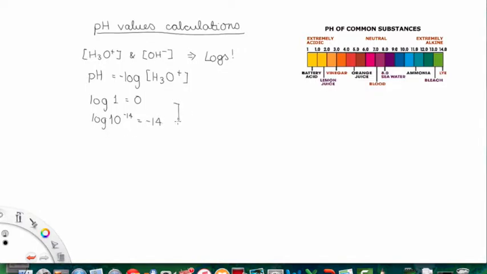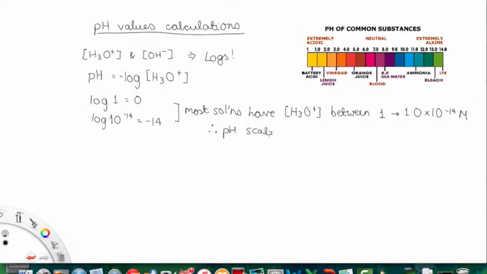What this means is that most solutions have a hydronium ion concentration between 1 and 1 times 10 to the power of negative 14 molarity, or moles per liter, since the pH scale goes from 0, which is acidic, to 14, which is basic.